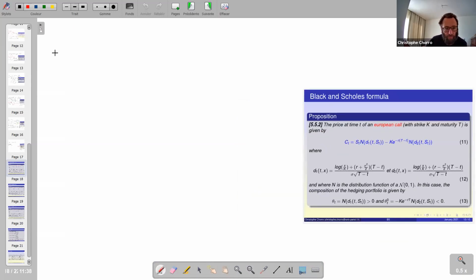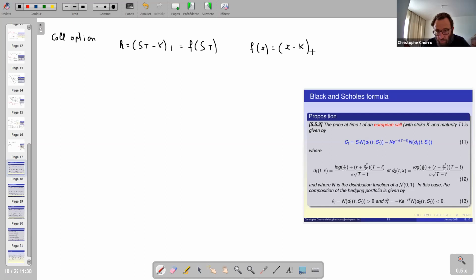So here I am in the case of a call option, that is, my contingent claim is equal to (S_T minus K) plus. So it is exactly of the previous form, f of the terminal value of the asset, where f of x is just equal to (x minus K) plus. And the idea is to compute the price explicitly.